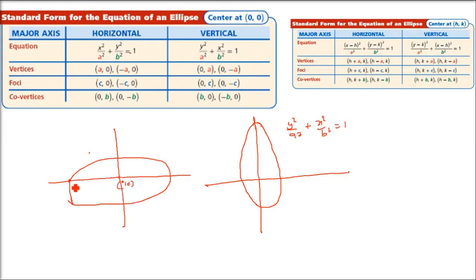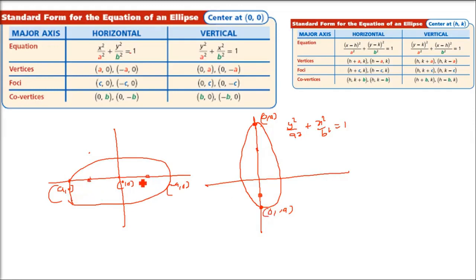The vertices of the horizontal ellipse were what? Minus a comma 0 and a comma 0. Now the vertices of this will be 0 comma a and 0 comma minus a, because the axis we have changed. So x will become y and y will become x, right? There will be only this change.